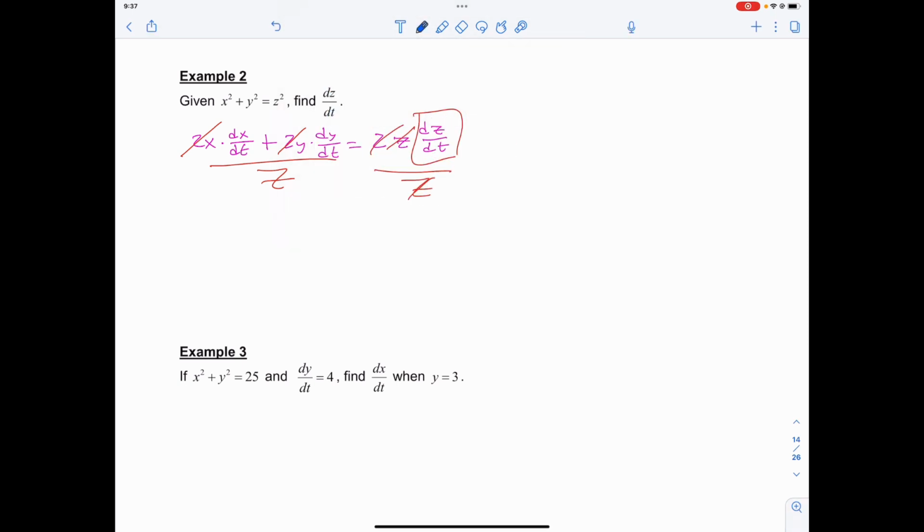Which means that dz over dt is going to equal x times the differentiation of x over time plus y times dy over dt, all divided by z.